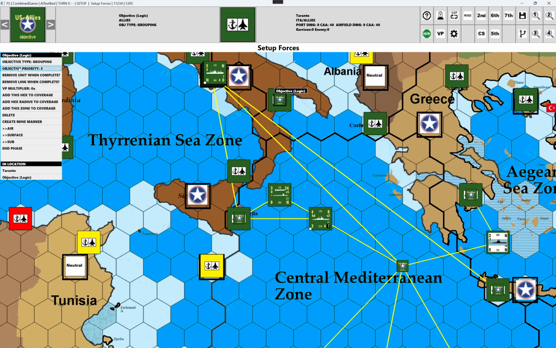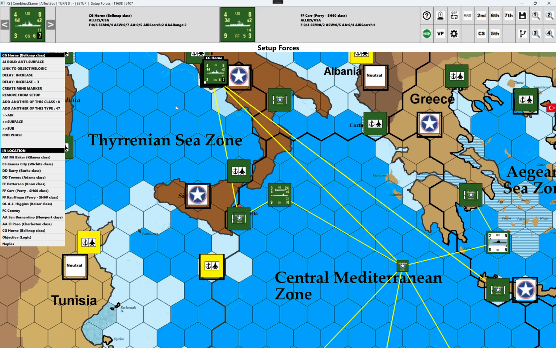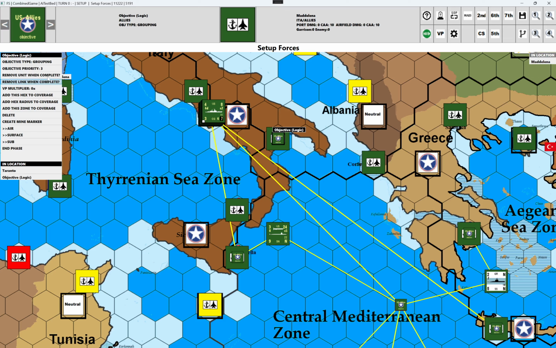But anyway, what I planned on doing with this one was create a grouping. I haven't really tested whether a grouping works or not, but I'm creating it anyway. Essentially, I'm going to drag all the surface ships that the allies have up here. For this grouping one, first of all, I'm going to add this hex to coverage.